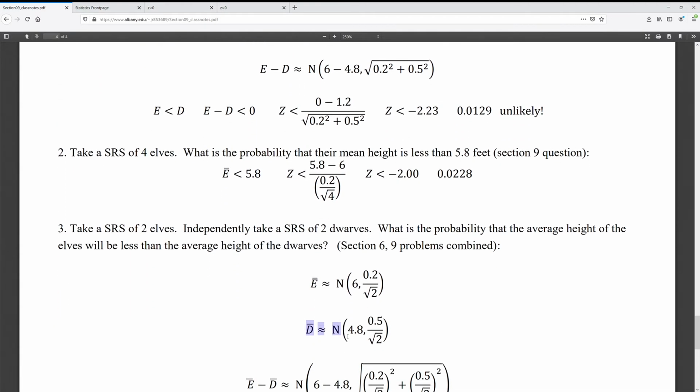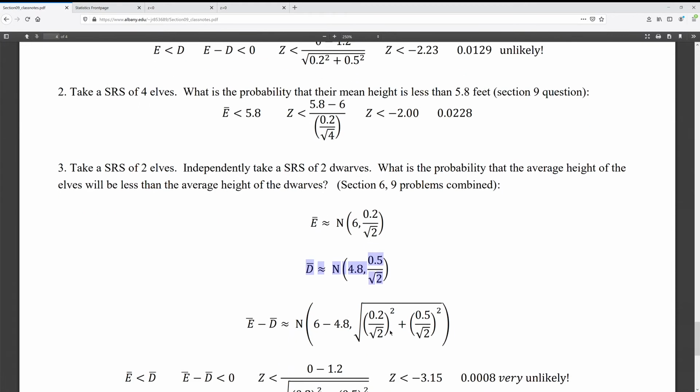Then the rules for the average of 2 dwarves, well, again, you just divide by the square root of how many you're averaging together. And for what it's worth, 0.5 divided by the square root of 2 is about 0.3536. But better if you don't have to do any intermediate rounding.